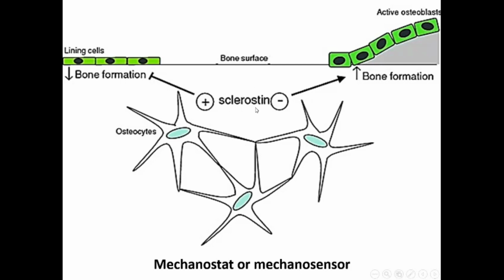Without secretion of this factor, you can see the osteoblasts start to get active and produce new bone in this area. So these cells manage bone formation, and because all of them have gap junctions to each other within the bone, they function as a mechanostat or mechanosensor.